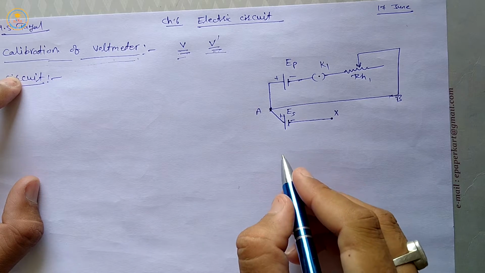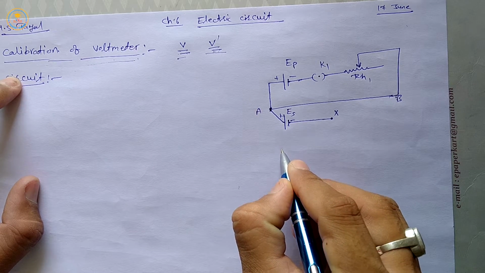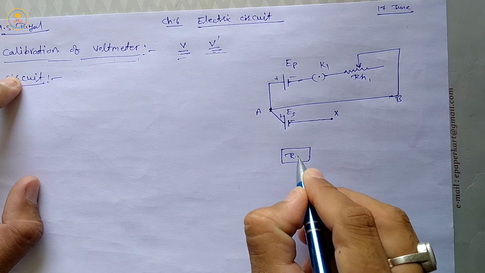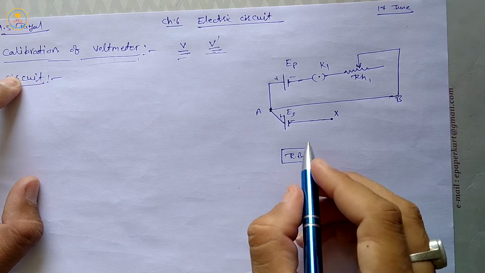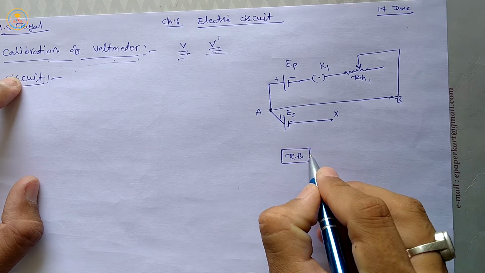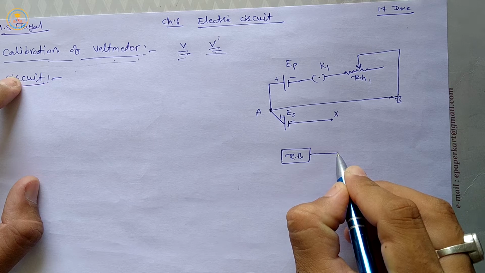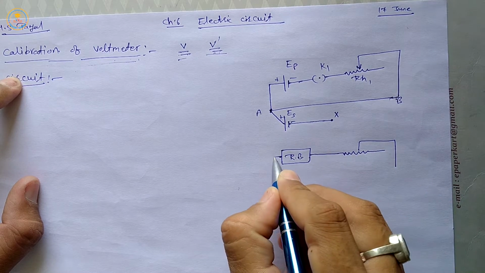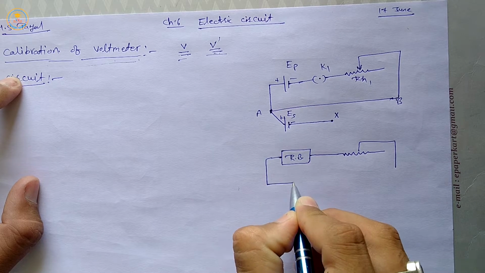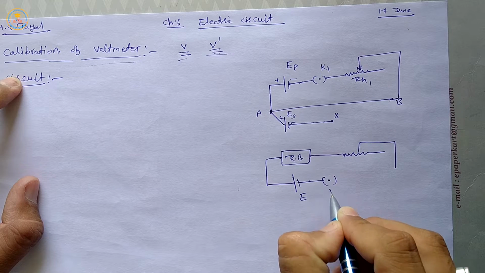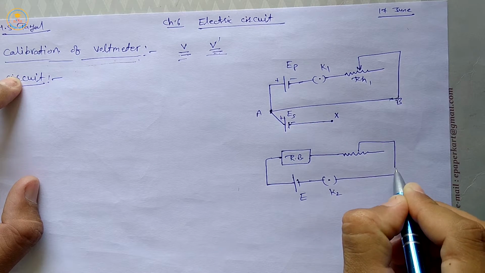In secondary circuit, we have a resistance box. This resistance box is connected to a rheostat in series, and this is connected to a cell E and a key K2 in series order.